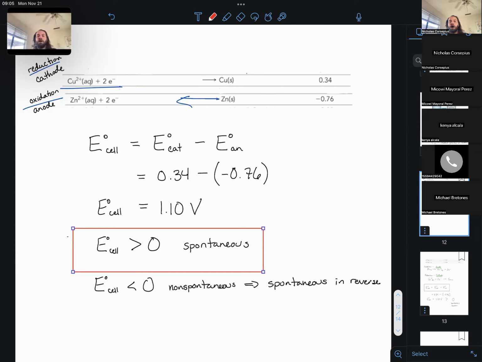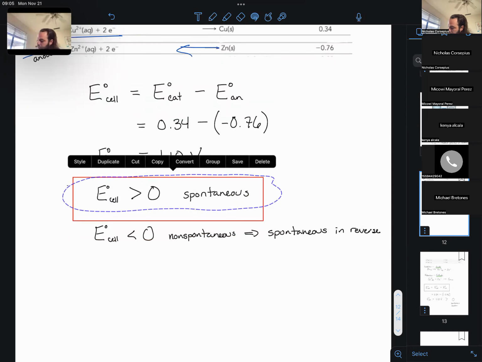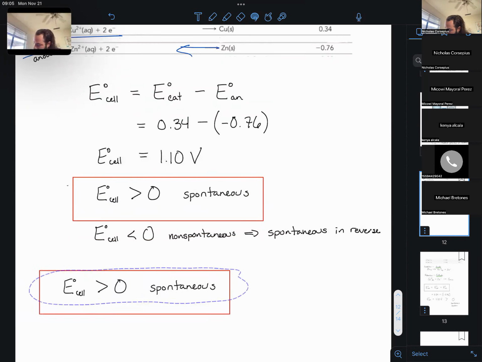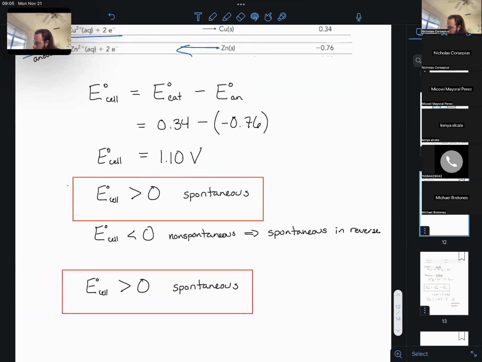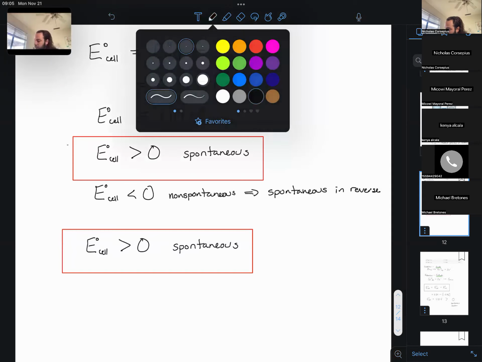All right. And so now we're going to talk about how that concept relates to something that we've discussed prior with regard to spontaneity, and that is this idea of delta G, right? So let's just hone in on this real quick and say if our E cell is greater than 0, that means it's spontaneous.